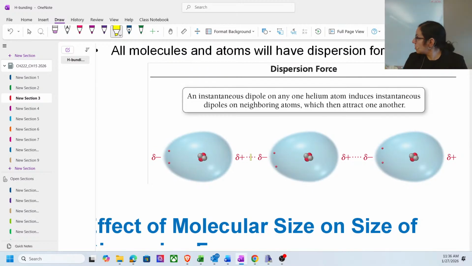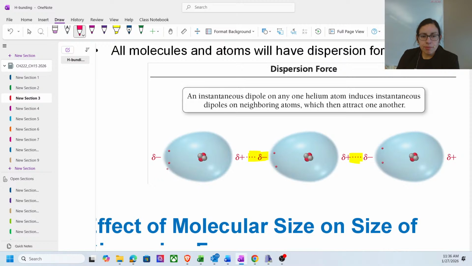And then what if it's next to another one that's doing the same sort of thing, and this does induce a dipole as well. But then we have this partial positive next to this partial negative. And so for this moment, they're experiencing this attractive force. We have this positive, negative.